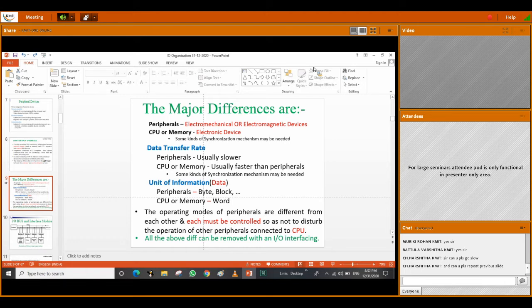The peripheral data is divided into bytes and blocks, while the CPU uses word format. The operating modes of the peripherals are different from each other, and each must be controlled so as not to disturb the operation of other peripherals connected to the CPU.